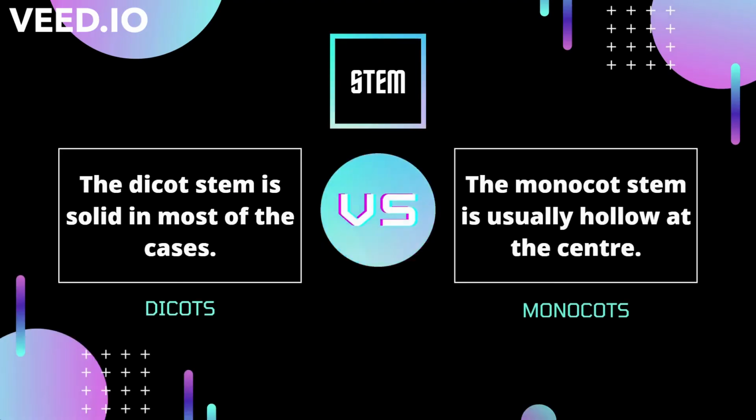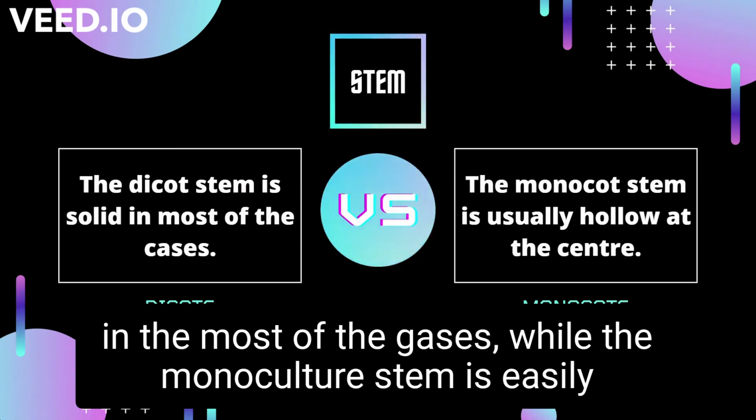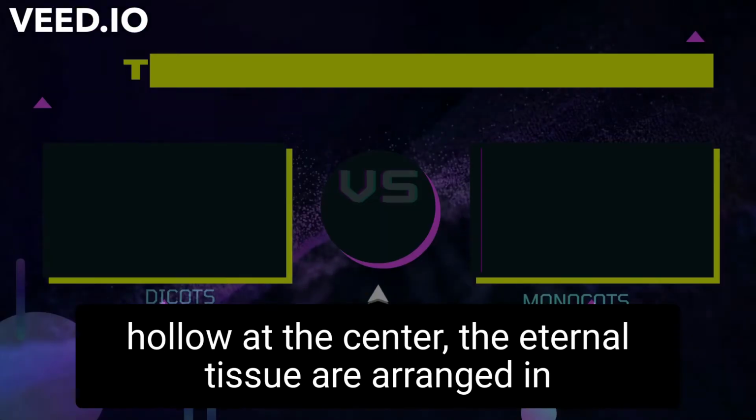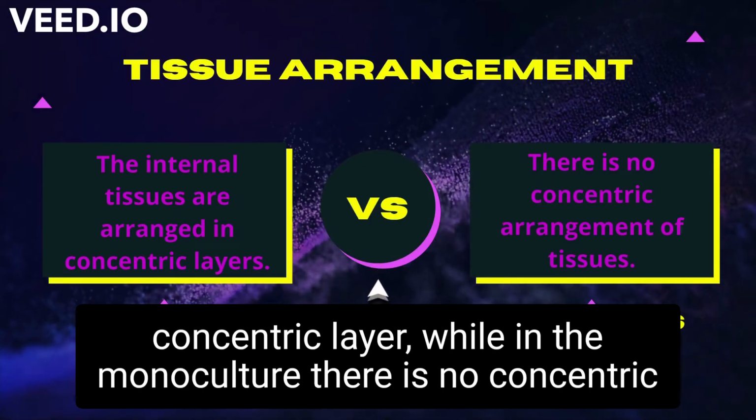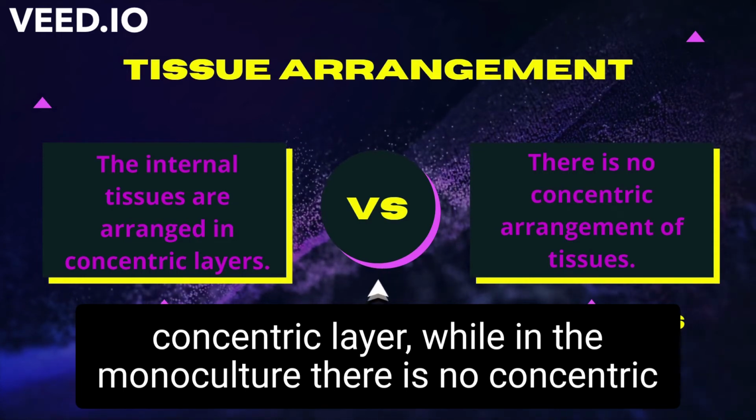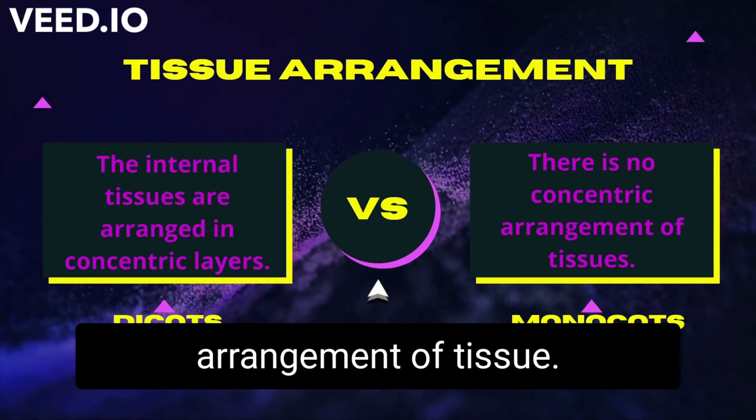The dicot stem is solid in most cases, while the monocot stem is usually hollow at the center. The internal tissues are arranged in concentric layers, while in the monocot there is no concentric arrangement of tissue.